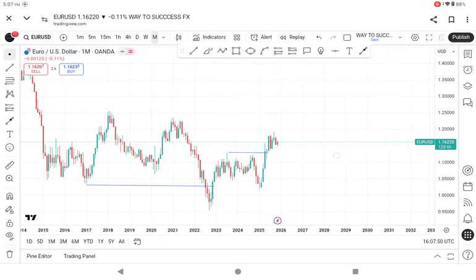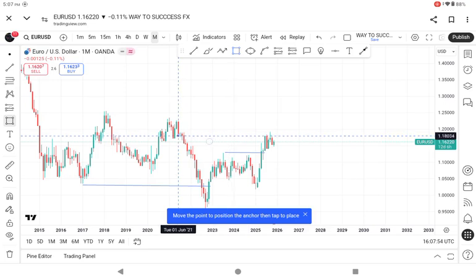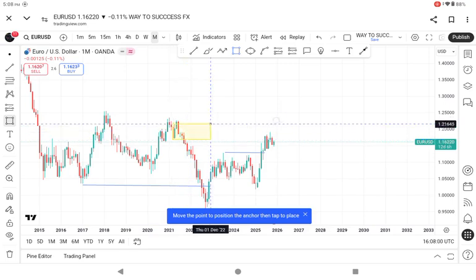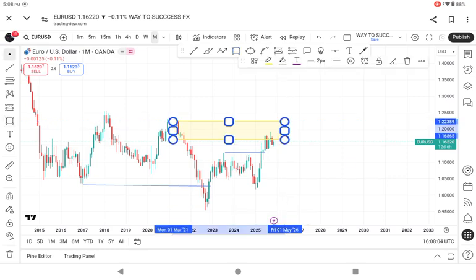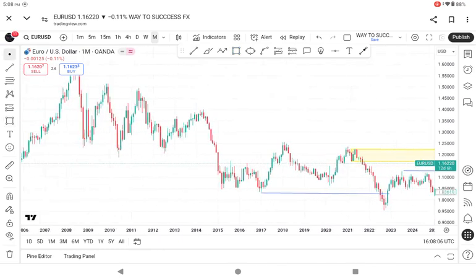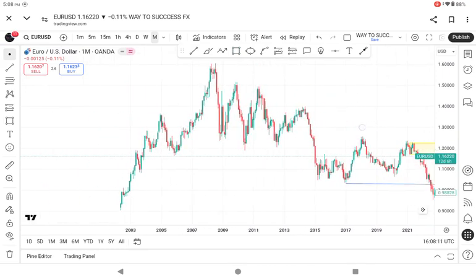Though we are reacting in a zone here in the monthly time frame, what I'm after is the pro trend. Here in monthly, the pro trend is completely bullish.